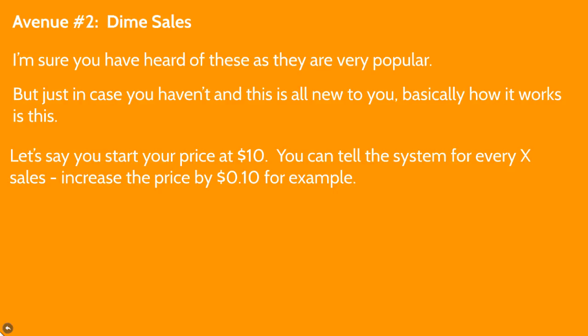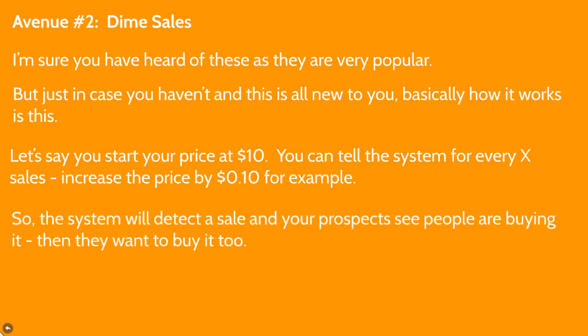So by X, you could say for every 10 sales, increase the price by 10 cents. Or you could even say for every 1 sale, increase the price by 10 cents. So you have that option to increase it incrementally by a number of sales.